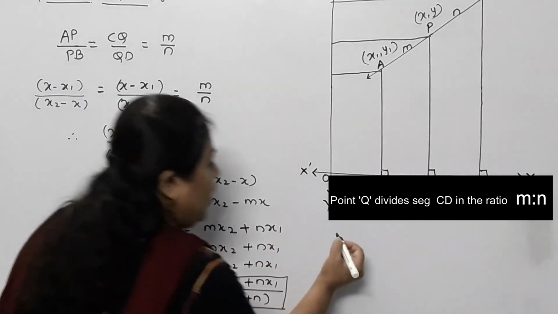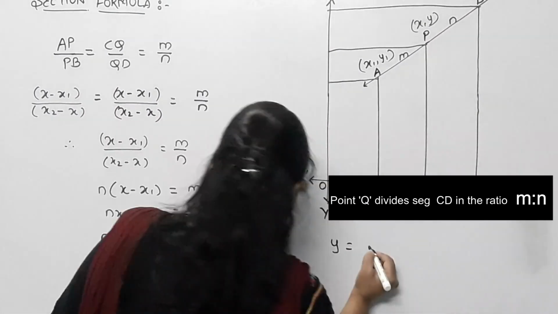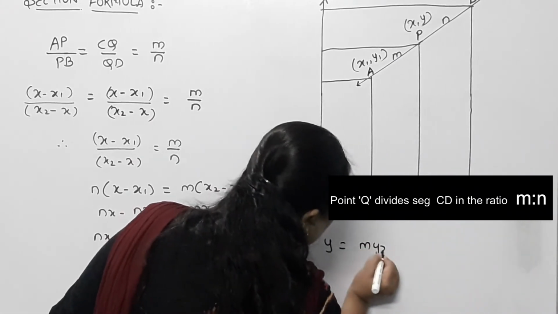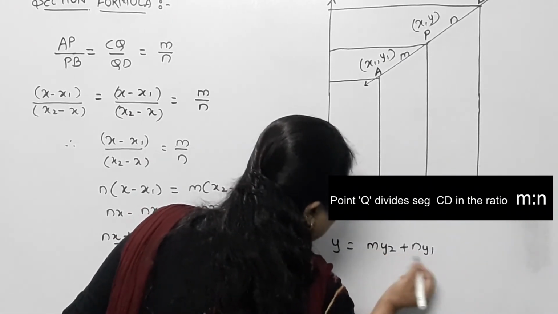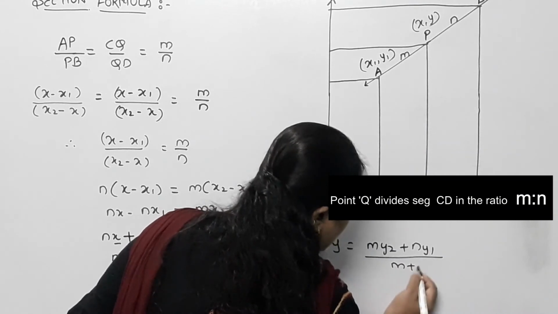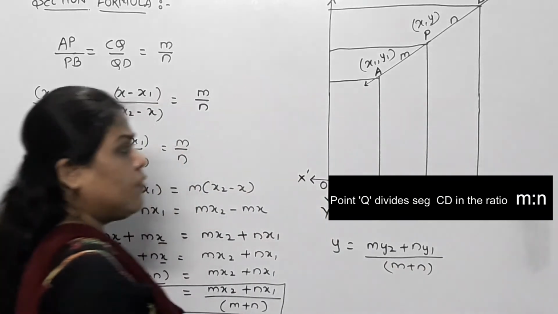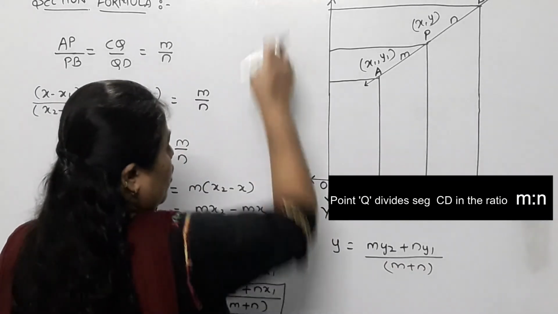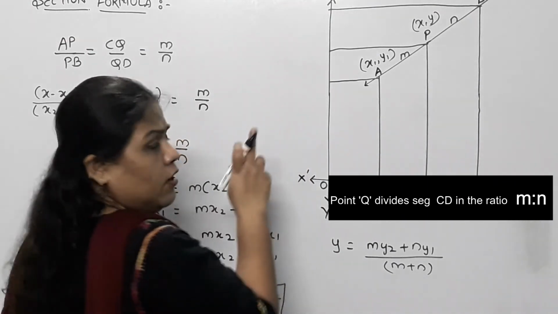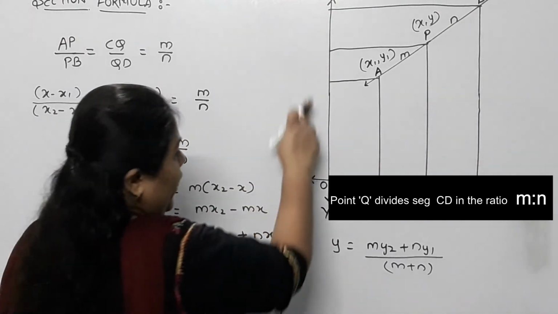So, y will be equal to my2 plus ny1 upon m plus n. This we can get. And here your x will be 0. When we are calculating for y, your x will be 0.